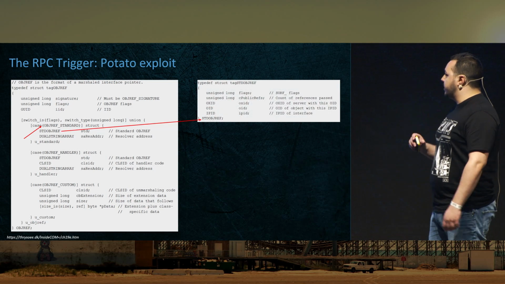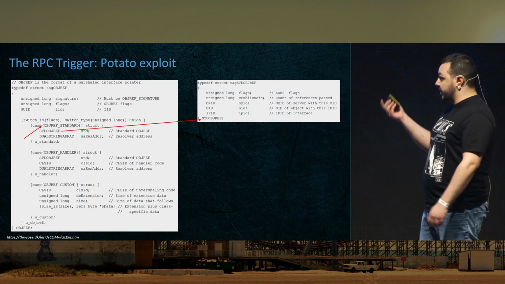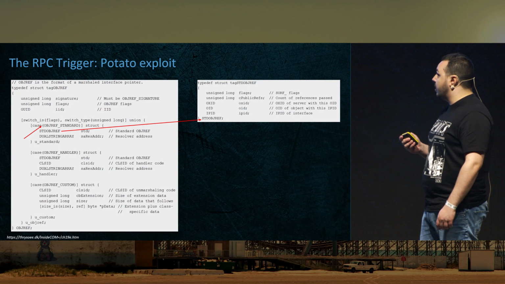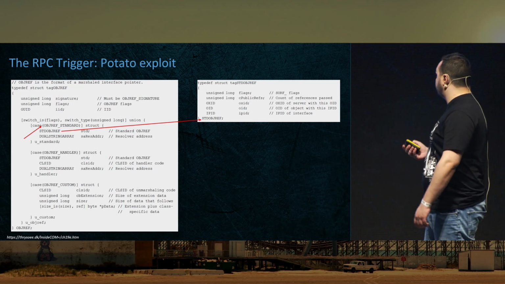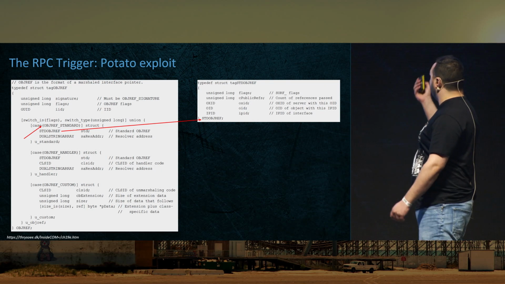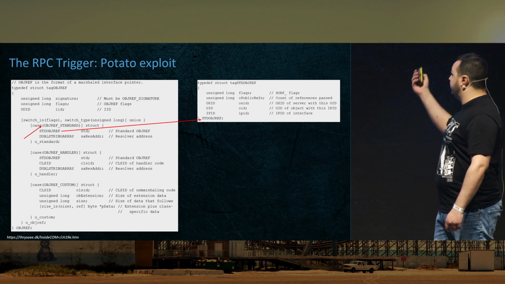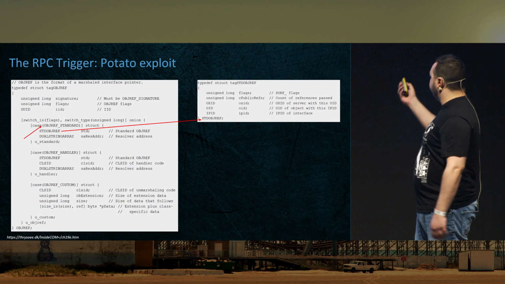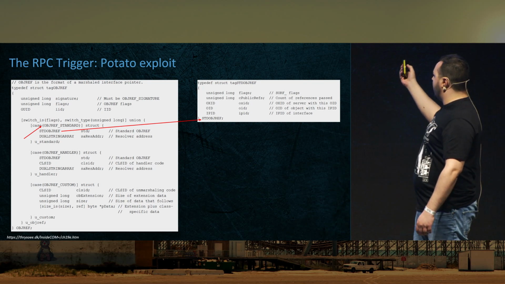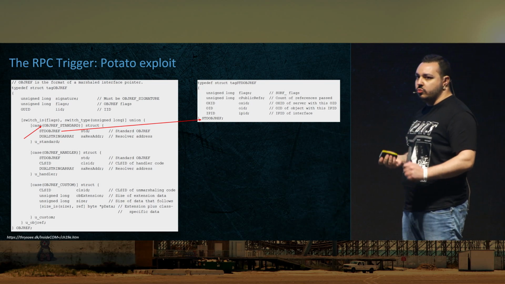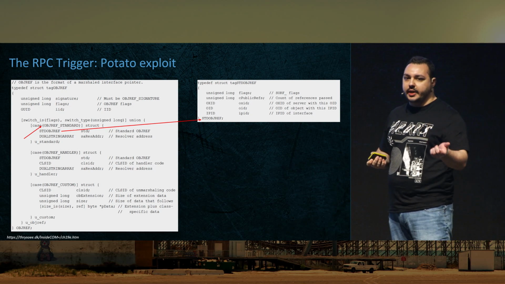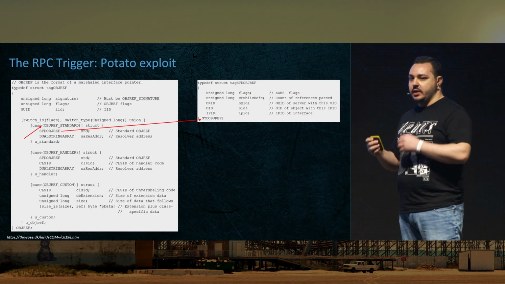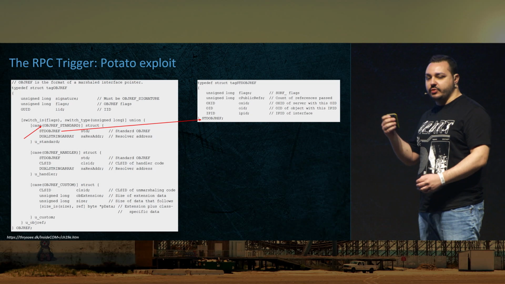The first one is the OBJREF standard, the object that we are going to use. And there are some values. These values are mainly intended to provide an OXID and an OID that will allow the client to communicate with the COM apartment, which has the PID and the thread.